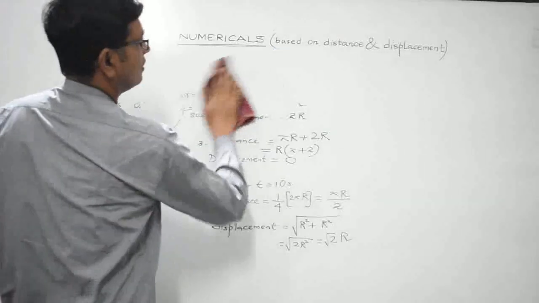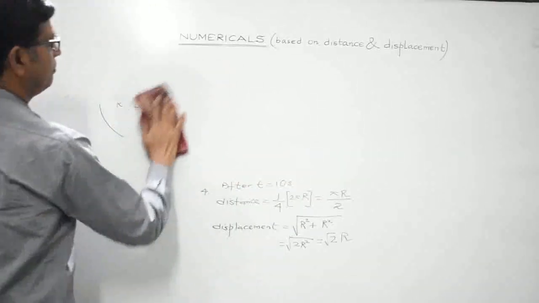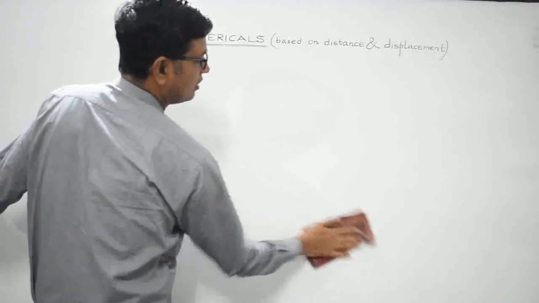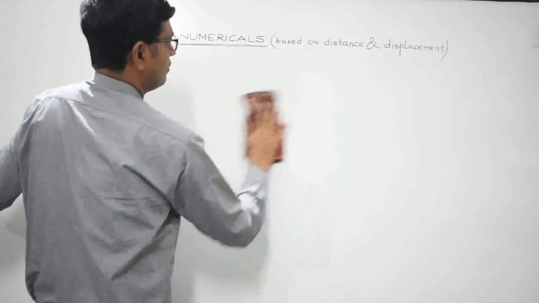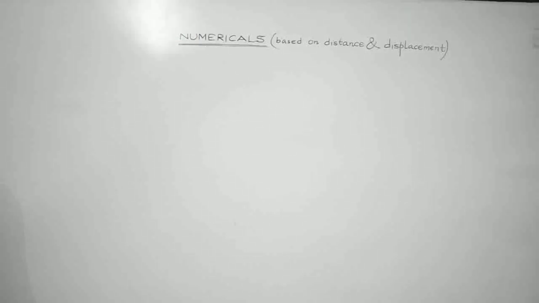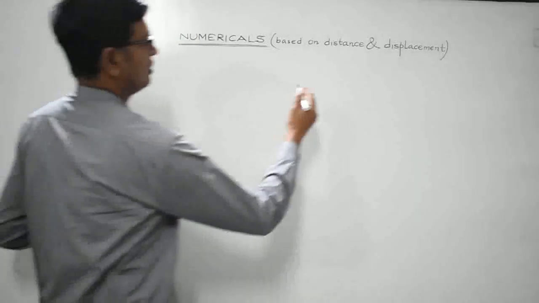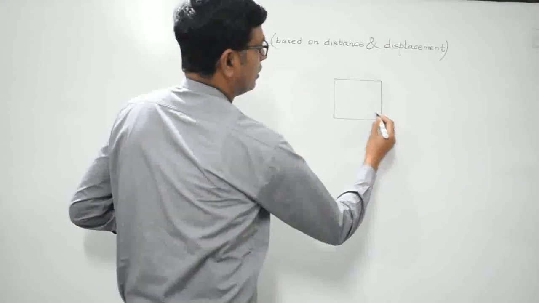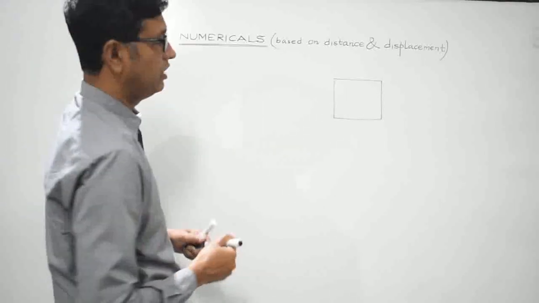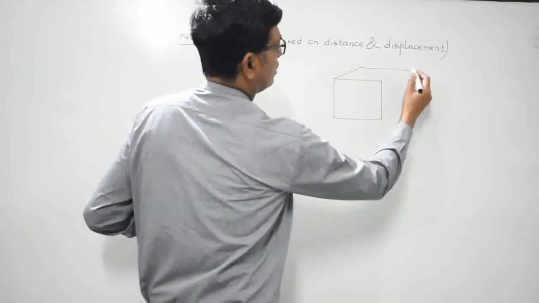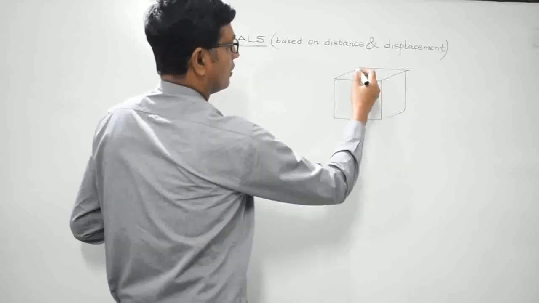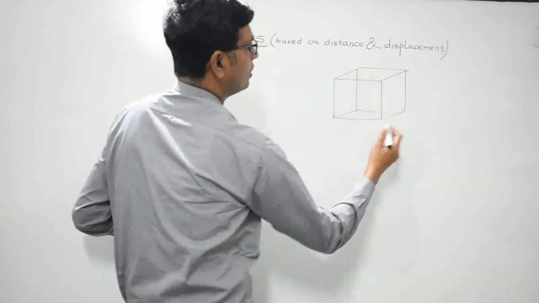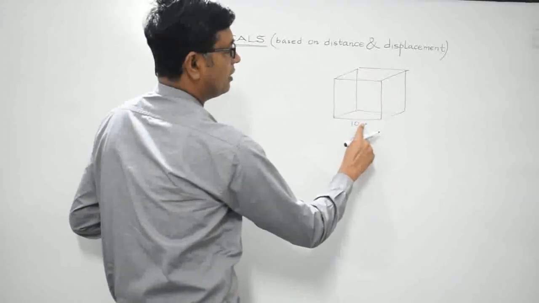Let's consider a cube, maybe of side 10 meter. This is a cube. Its side is given to be 10 meter. Let us assume it. There is a room in the shape of a cube having side of 10 meter.